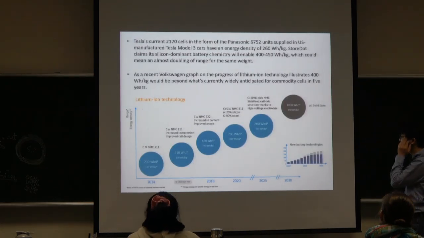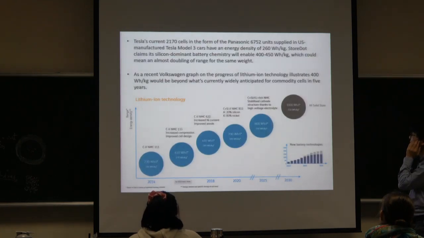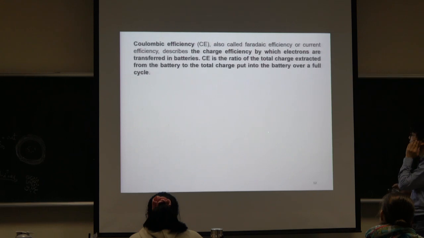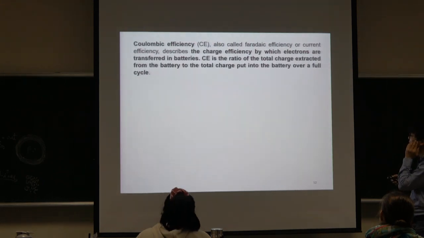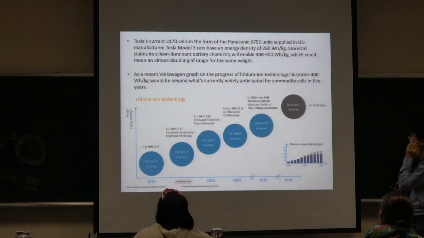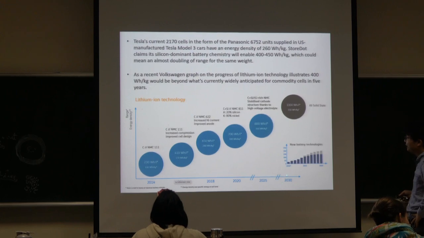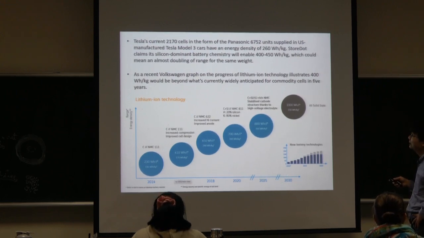Okay, so this slide, later I will explain the chart of the Coulombic efficiency and energy density. And this slide is a table that tells us about energy density as a function of the year. For example, Tesla currently uses one type called 2170.